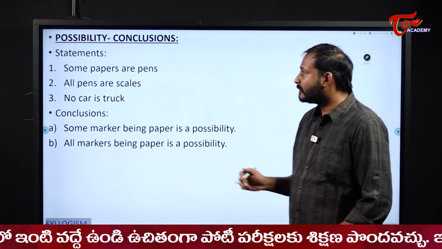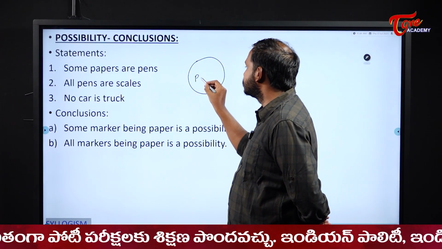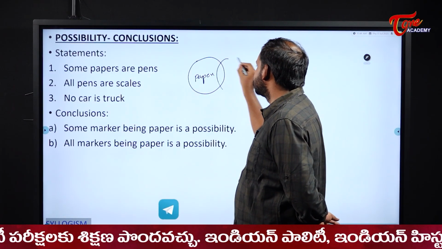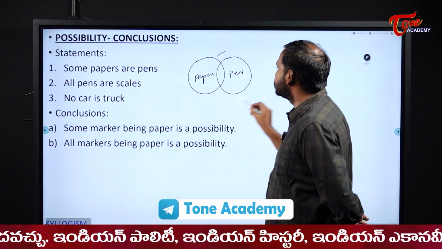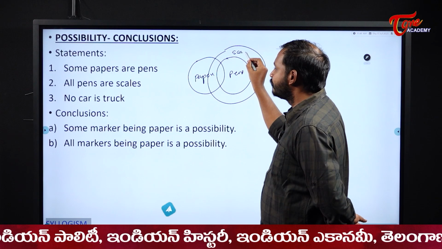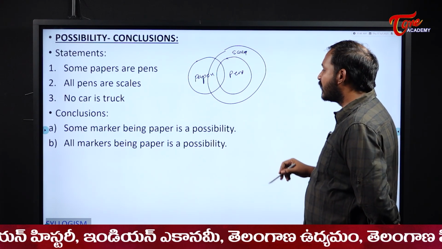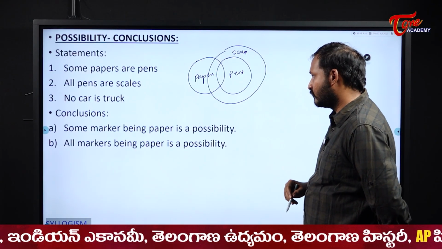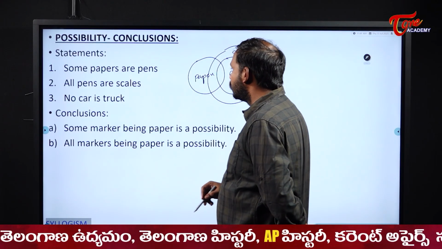Now see here. Some papers are pens. All pens are scales. No car is a truck.